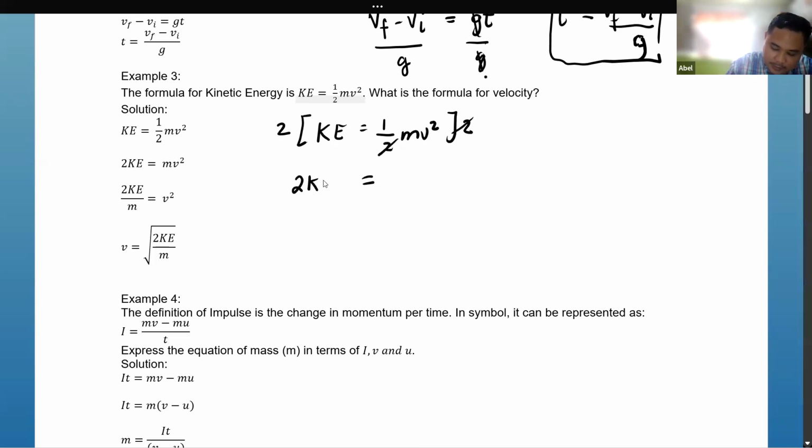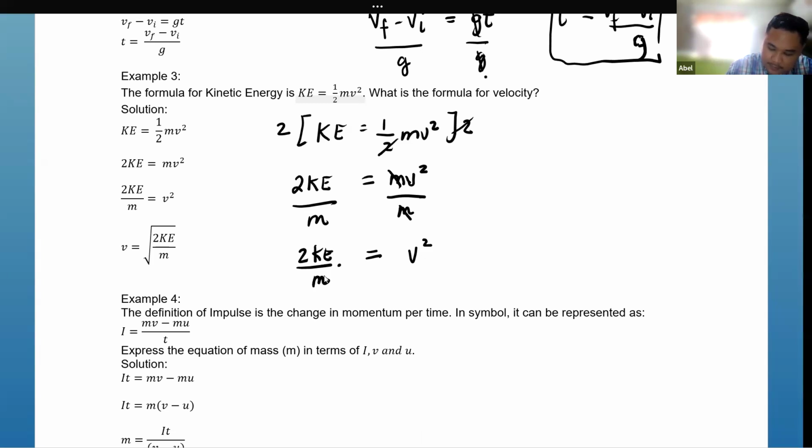So this one is going to be 2 KE equals mv squared. And then we need to look for the value of v. So we divide both sides first by mass, cancel out the mass, and that would be v squared equals 2 KE over m. Now, in order for us to get v, we get the square root of both sides. And so that would be the square root of 2 times the kinetic energy over the mass.